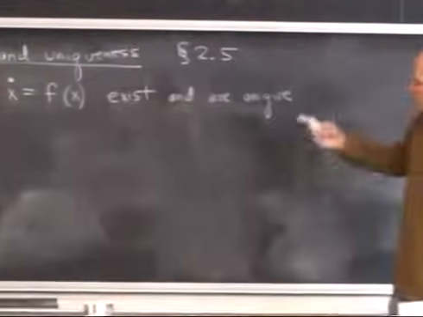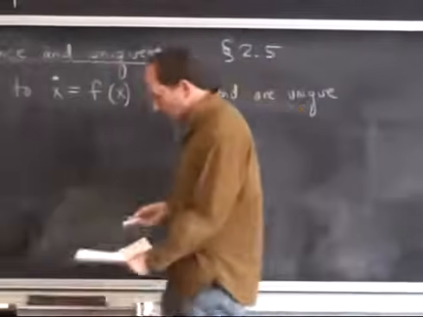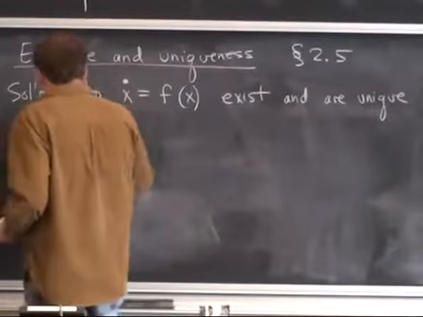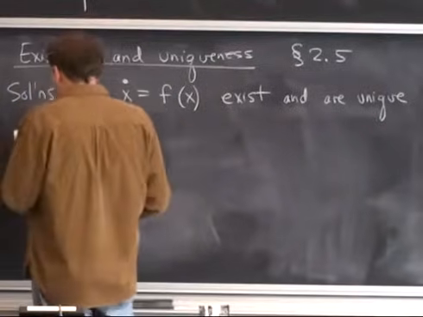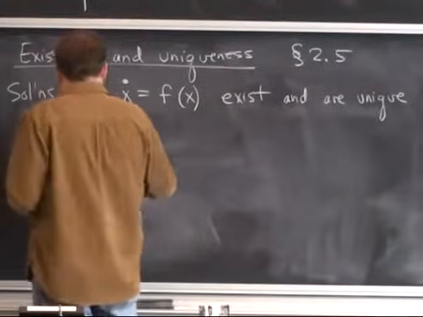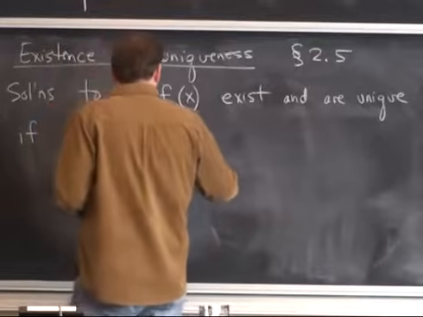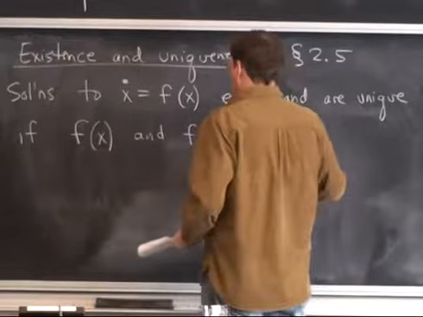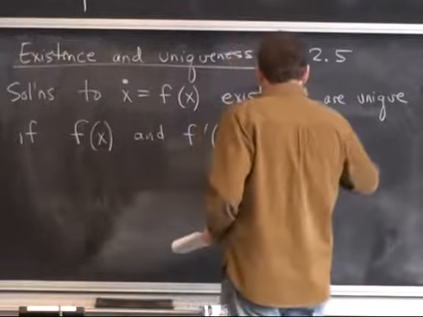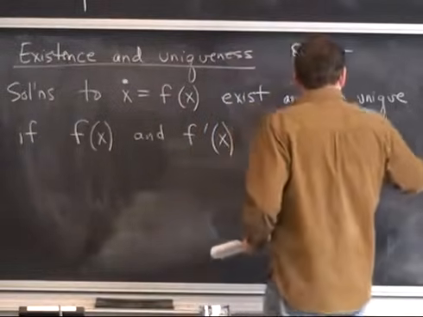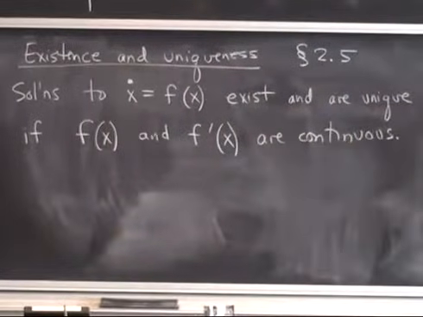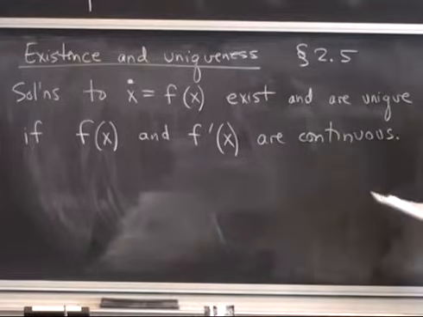There are milder conditions that would also ensure these existence and uniqueness. But for us, it's good enough to say if we have f continuous and if we have f prime of x continuous. So that's when we would say that f is continuously differentiable, if it has these two properties.